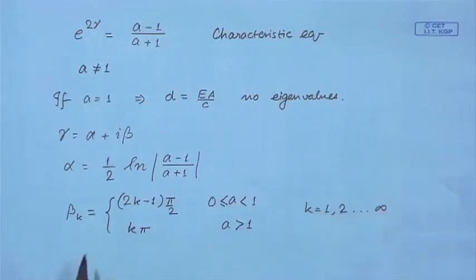There are infinitely many values of beta which are indexed with k, and for various ranges of values of a, we have these solutions.